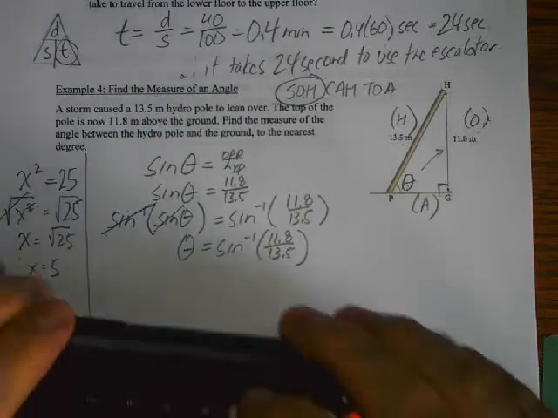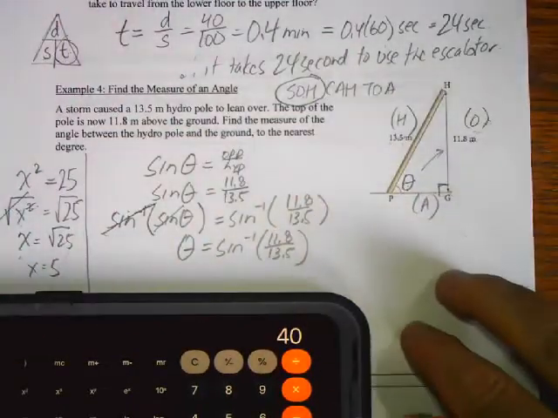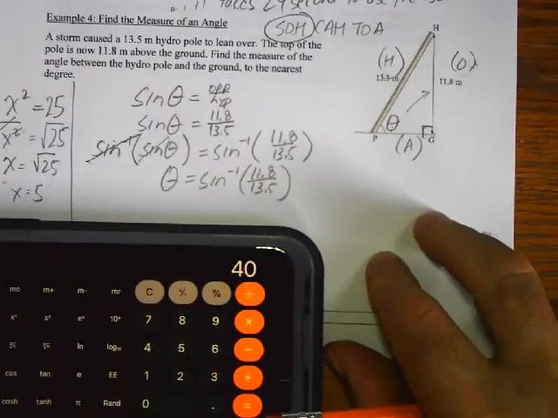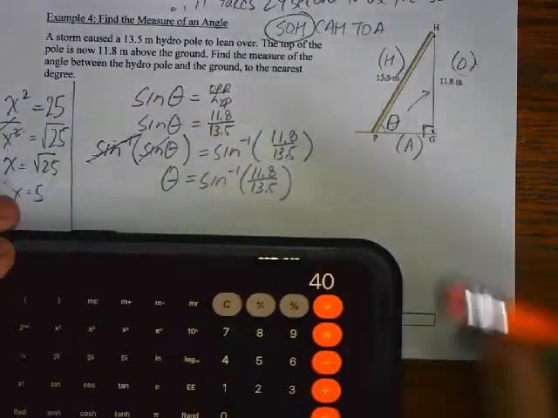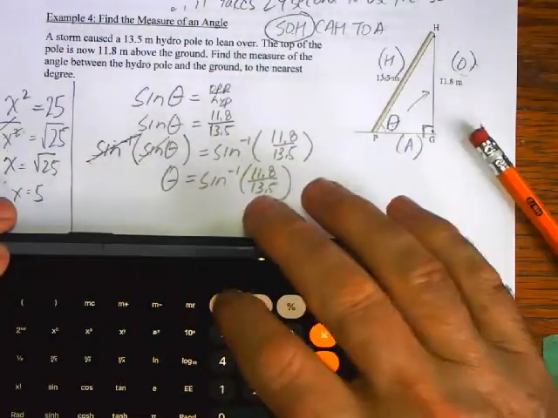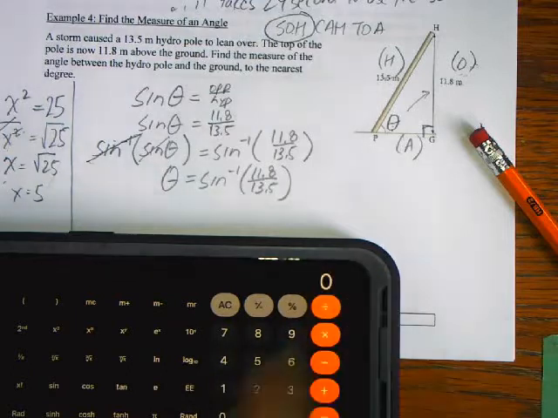Now, since this is sine inverse, we can't just use the sine button because that's not the same thing. On just about every calculator I've ever seen, the sine and sine inverse buttons are the same button, but they usually have a second function. So hopefully you can see that on yours. Now you can't actually see it, you have to know it on this.